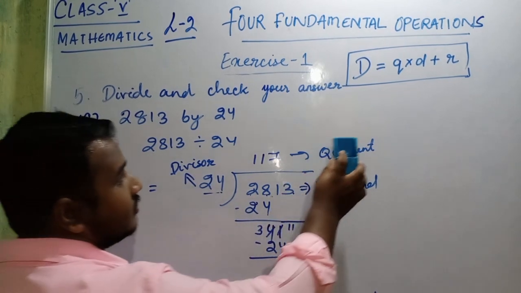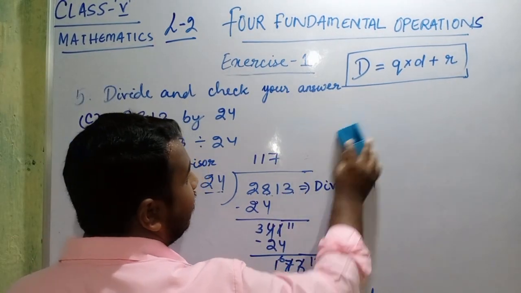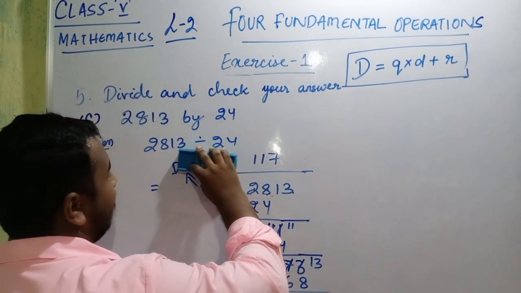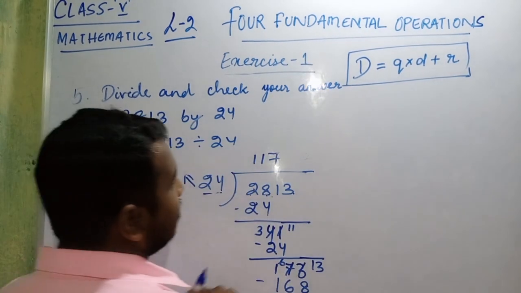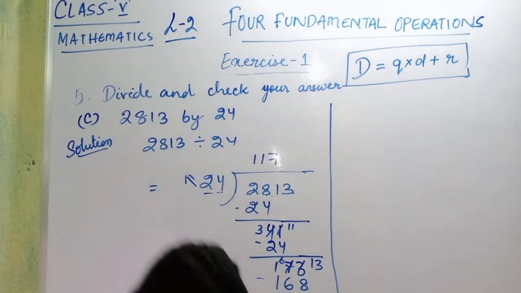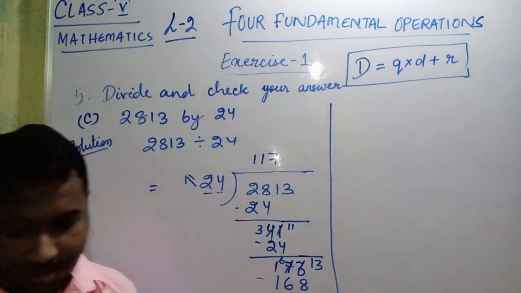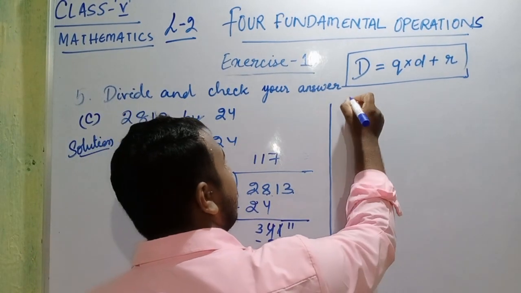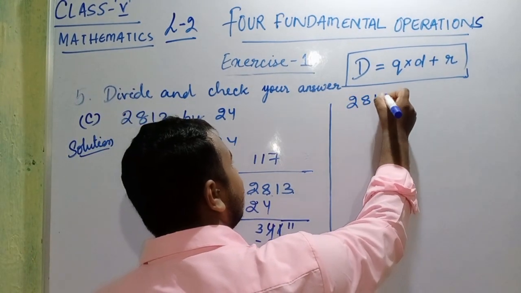Okay, so here in your notebooks, next page, you have to write this one. So how will you write this one? Dividend 2813.